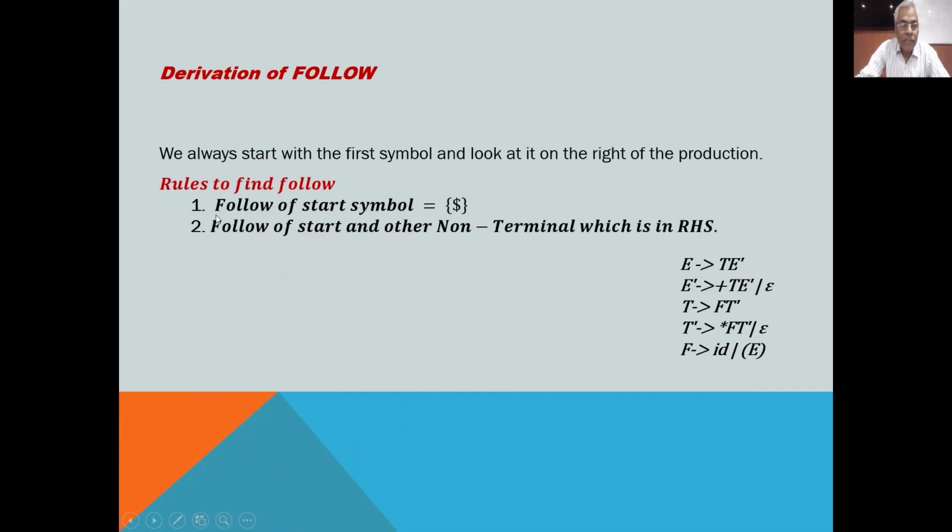The first rule is that the follow of the start symbol will be dollar. It is mandatory. And the second rule is that the follow of any non-terminal will be the follow of the symbol which is present on the right hand side of the production. So we always check that non-terminal on the right hand side of the given grammar.